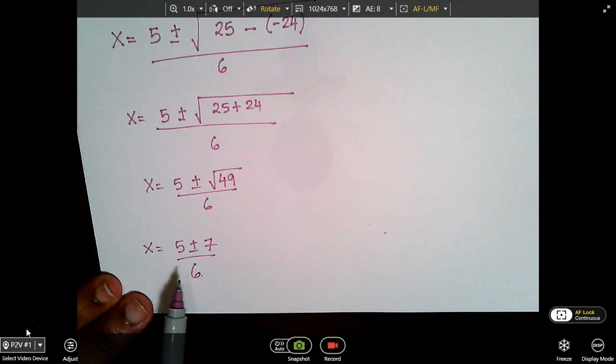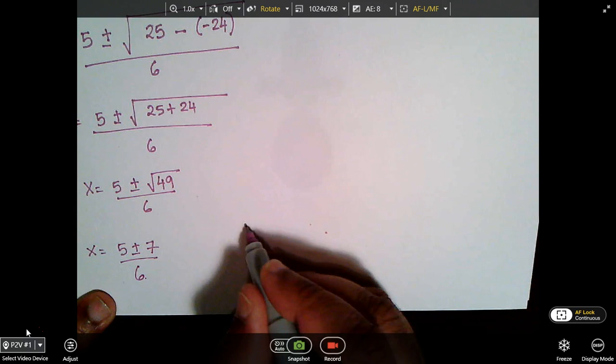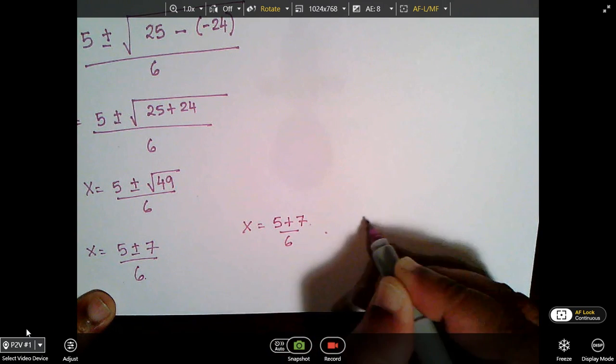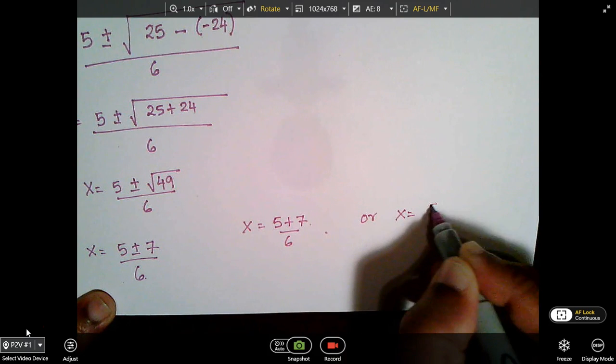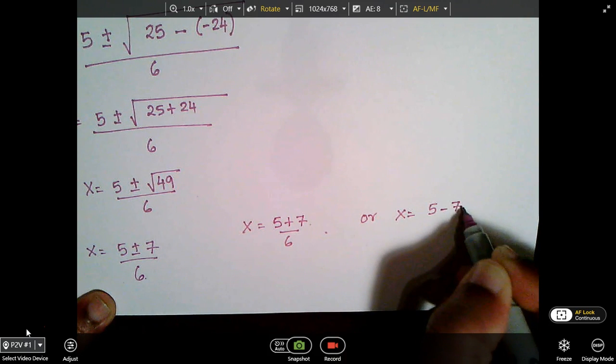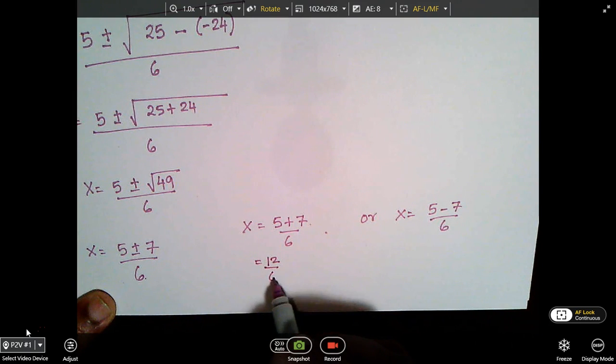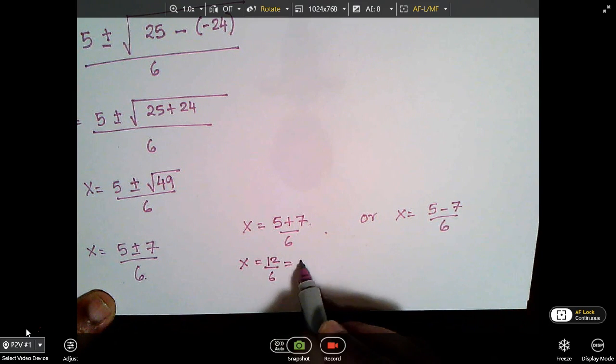Now from this step onwards, I want to split into two values. x will be 5 plus 7 divided by 6, or x equal to 5 minus 7 divided by 6. This would give you 12 over 6, which is 2.